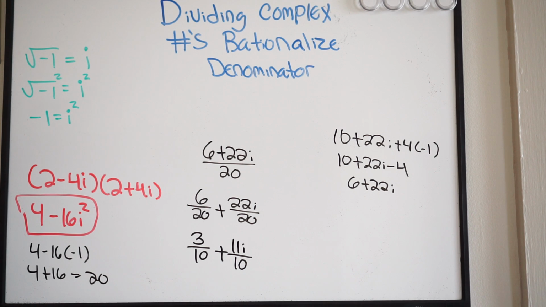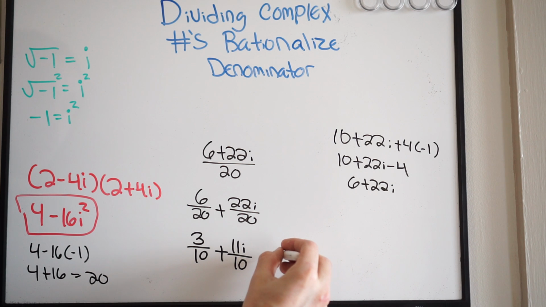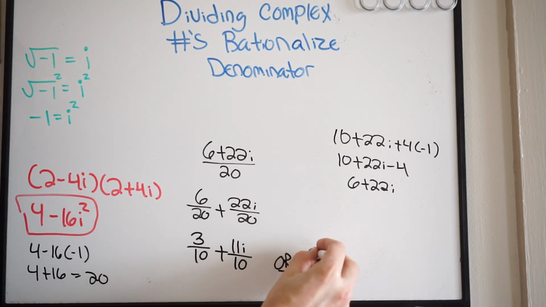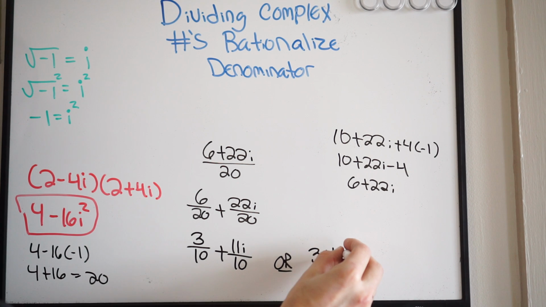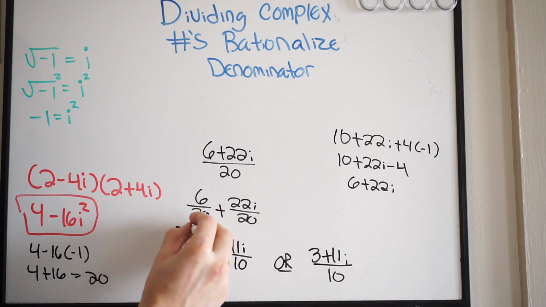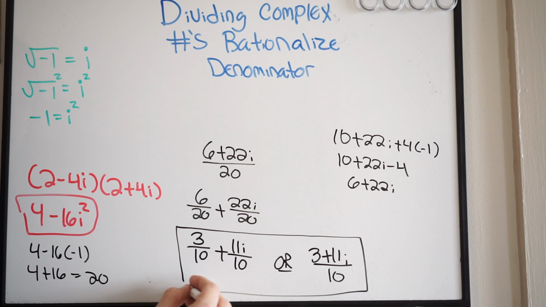And at this point we can leave it like this, or we can go ahead and write it all under one denominator. So we can write it like this as well. Or we can write 3 plus 11i all over 10. And this here is your final answer.